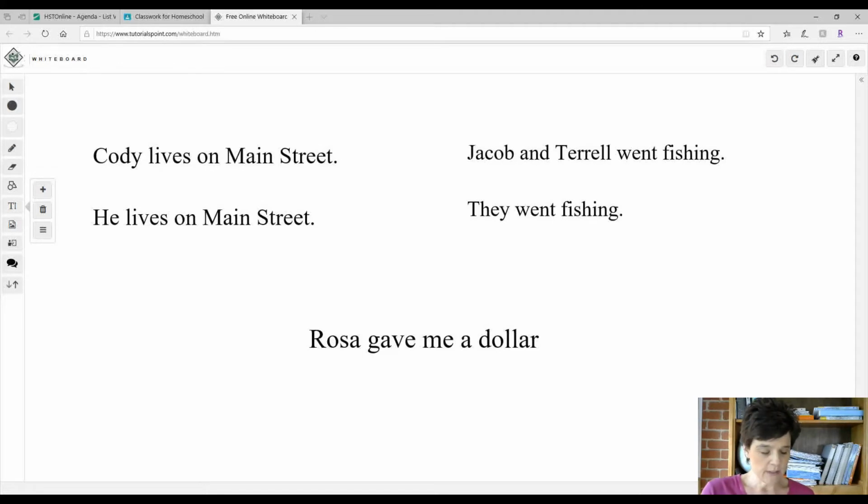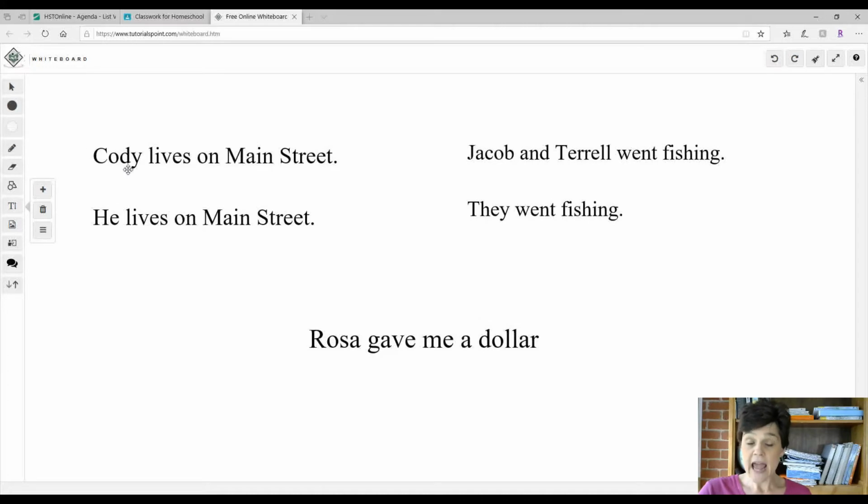All right, so I want you to look at this sentence right here. Cody lives on Main Street. Okay, Cody and Main Street are nouns, right? Cody is the subject. Main Street is in the predicate part of the sentence, right? So what if I change the sentence to say, he lives on Main Street? I left everything else. The only thing I changed was Cody.